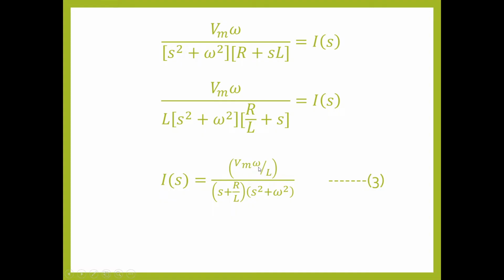So Vm omega by L, divided by s plus R by L into s square plus omega square. This is my expression for current.